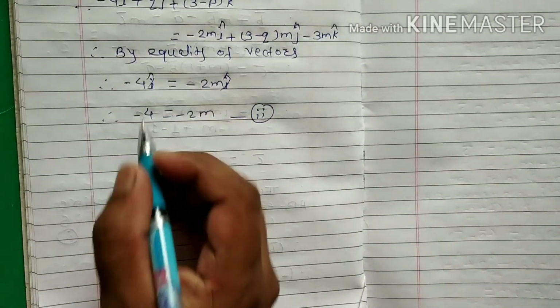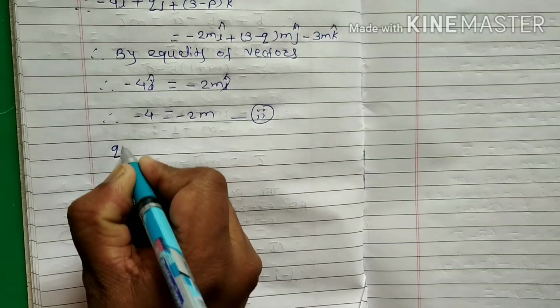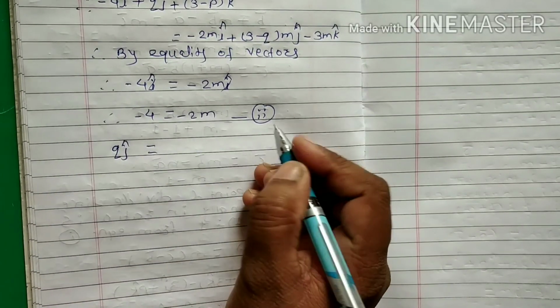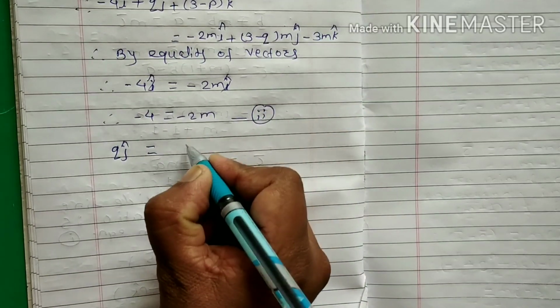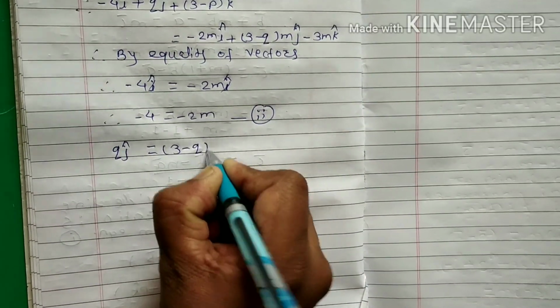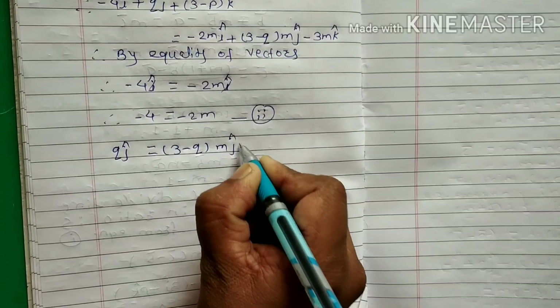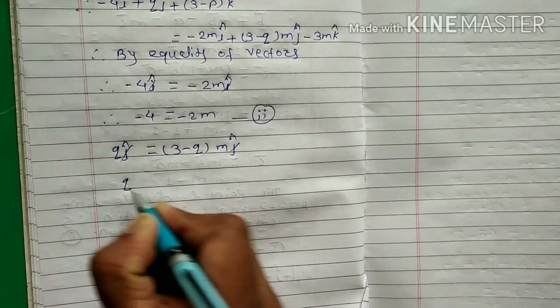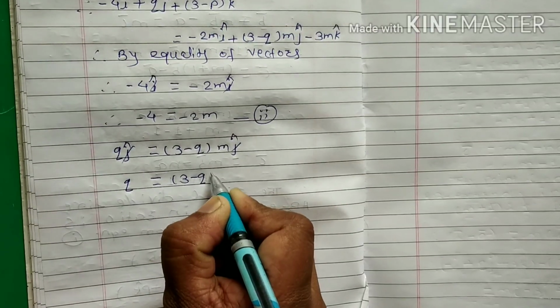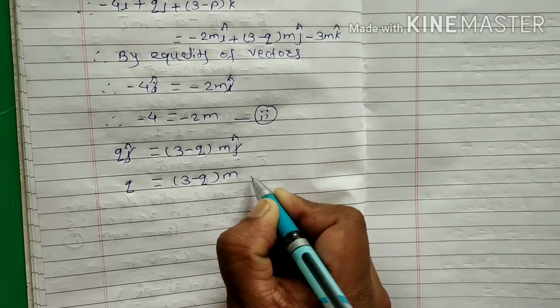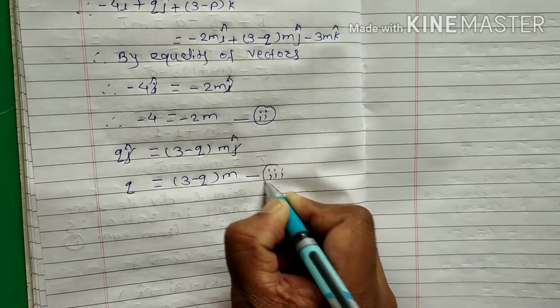Then second term, q j cap is equal to 3 minus q into m j cap. j cap gets cancelled, then we get q is equal to 3 minus q into m, we will give equation number 3.